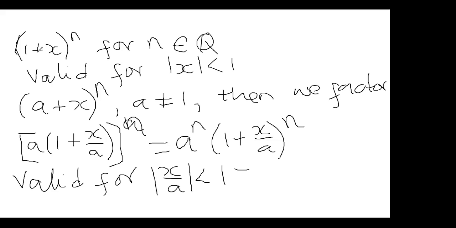And this will mean that it will be valid for absolute value of x less than absolute value of a, such that when a is positive, it will just be absolute value of x less than a. So that's how we go about expanding using the 1 plus x to the power n. So this time n can be half, it can be negative 1/3, it can be negative 3, it can be negative 2. So n is now coming from a larger set, unlike the other case where we're just dealing with the positive integers.